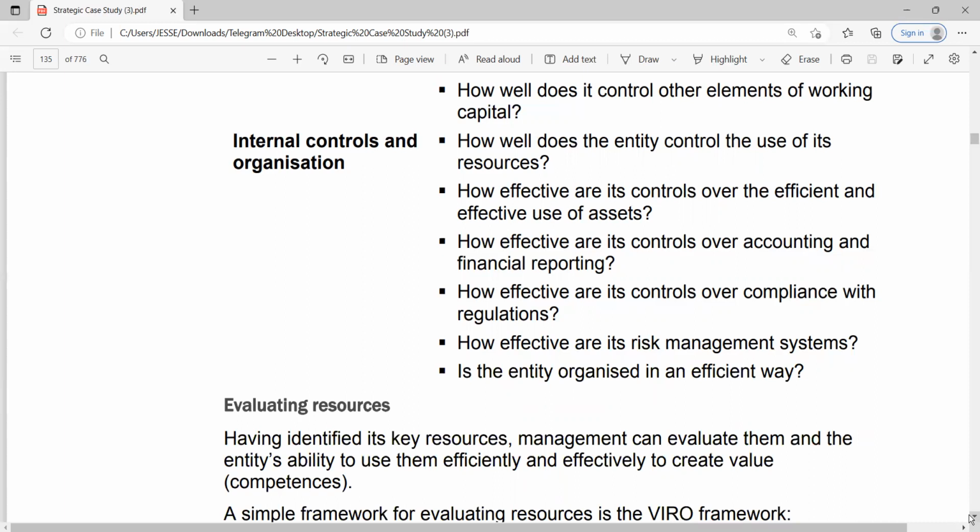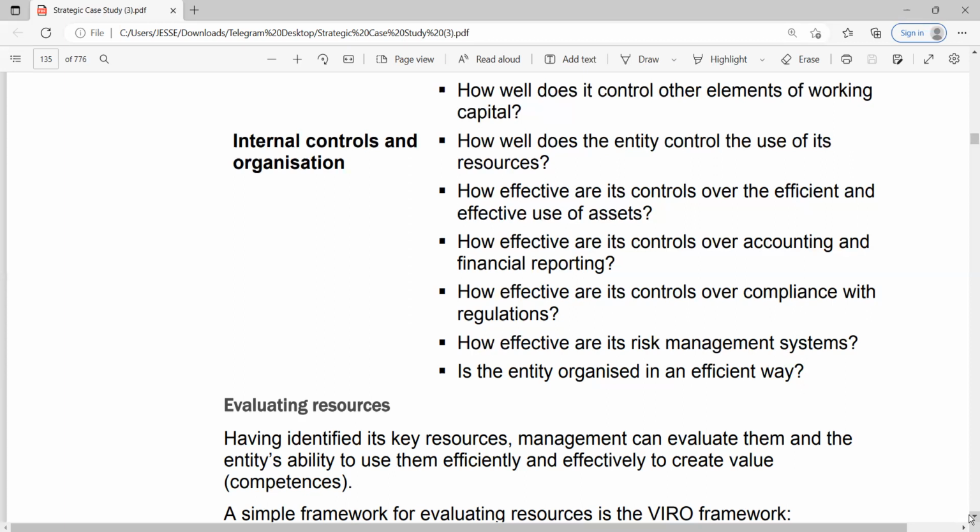For example, if there's no internal control around the use of company cars, people can use them anyhow, and the company loses money. So internal controls is a resource.